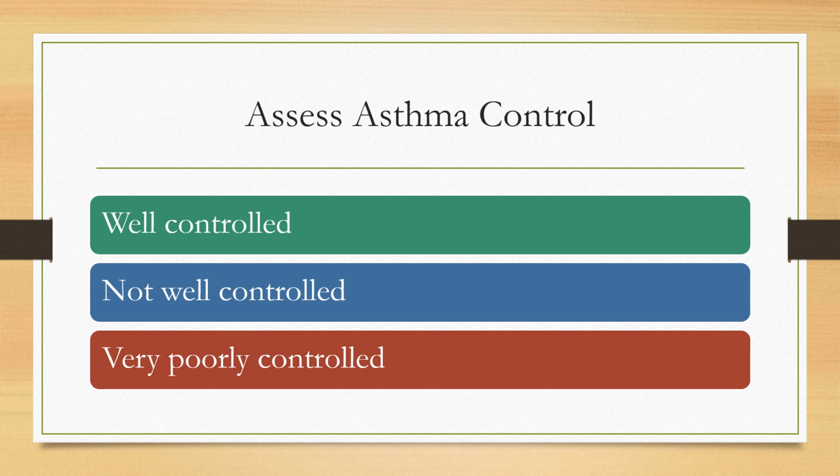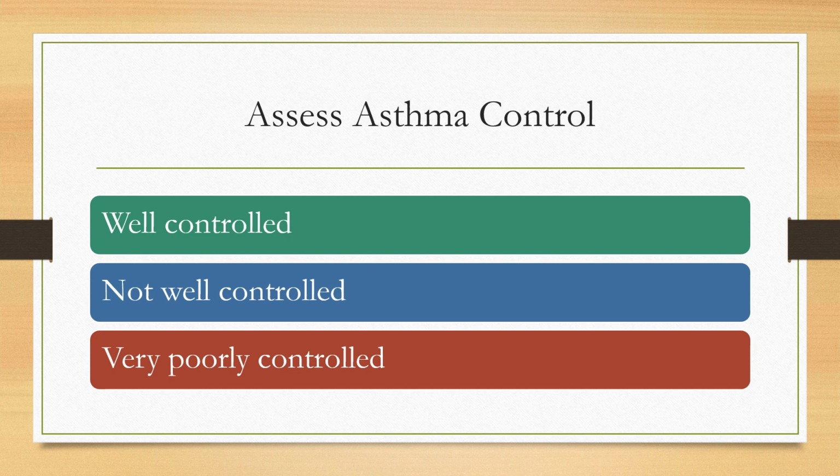That's not well controlled. And if you're very poorly controlled, you have symptoms throughout the day, you have greater than 4 times a week nighttime awakening, you are extremely limited in your physical activities, you take short-acting beta agonists several times a day, and your ACT score is less than 15.